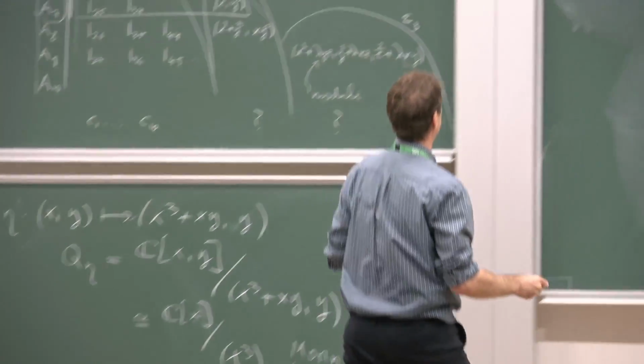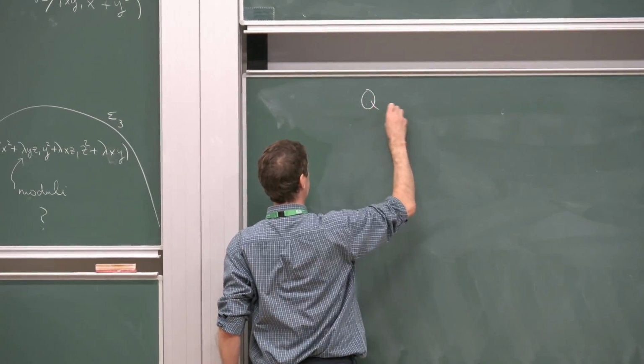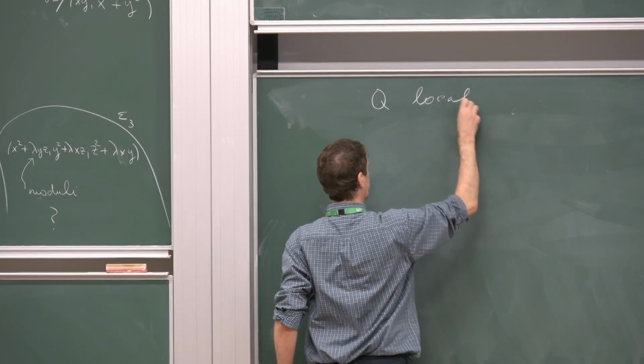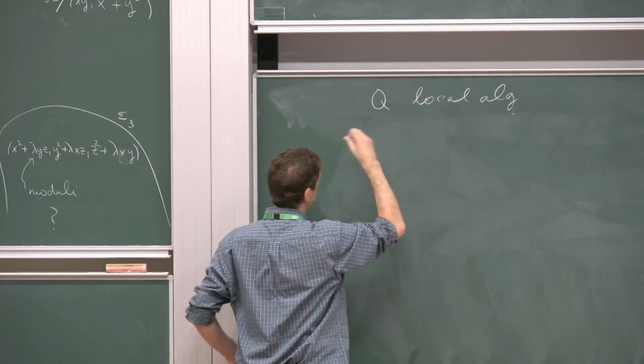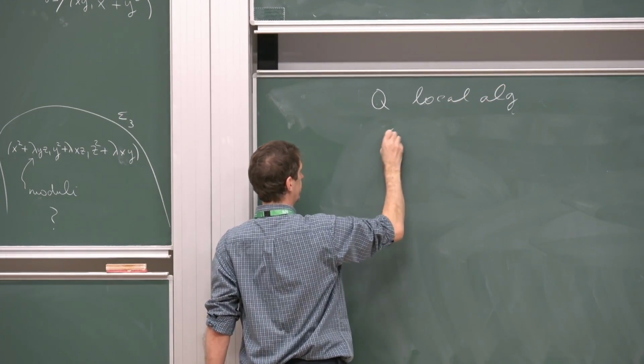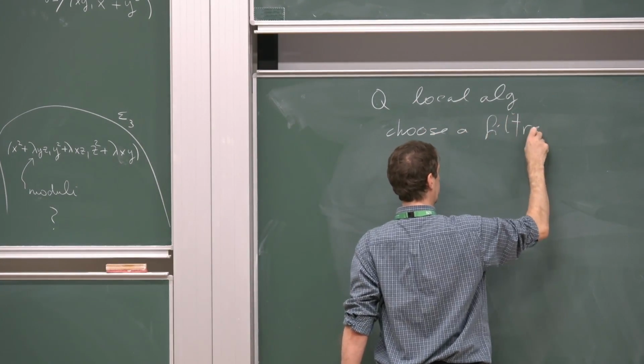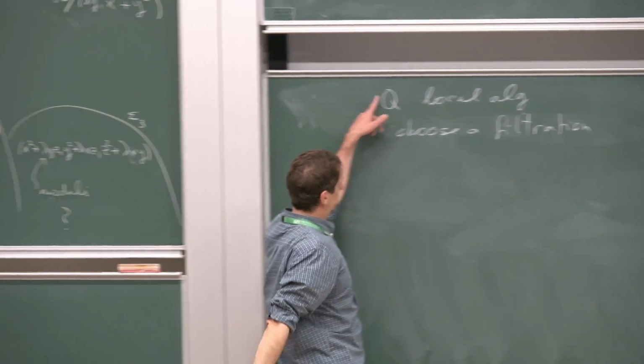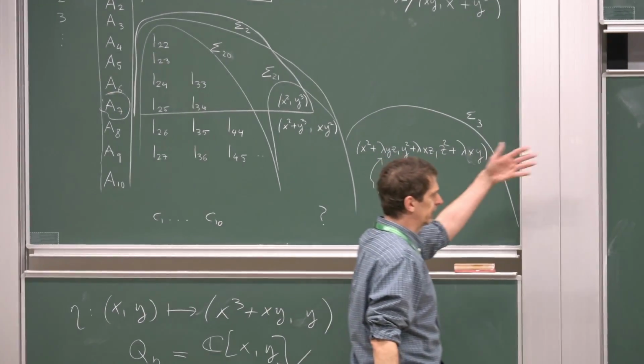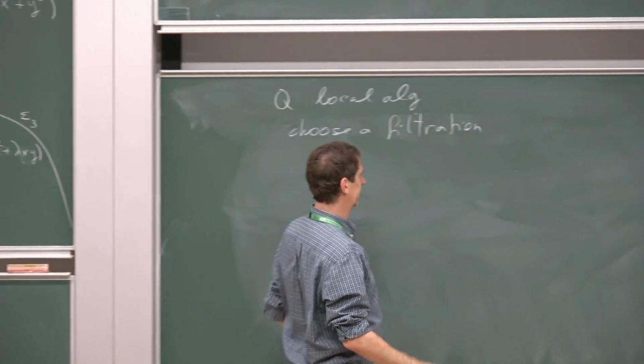Okay, so we do the following. Q is given, a local algebra. You choose a filtration. It's a quotient of a polynomial algebra, so it comes with a natural filtration. You can choose that one or another one.